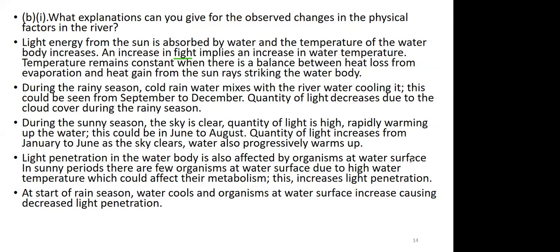So when, of course, they decrease in quantity, then light penetration increases. When the rain season starts, the water cools and the organisms at the water surface increase, causing a decrease in light penetration. So basically, that is all we can talk about that.